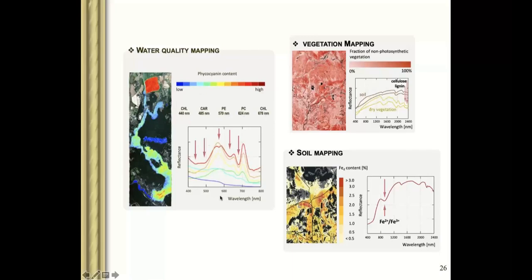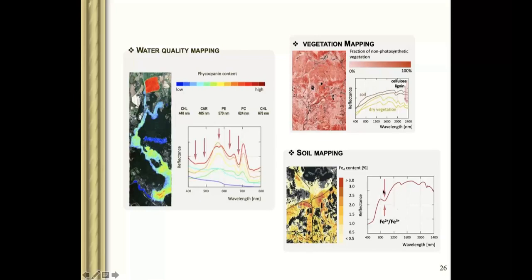If you see the reflectance curves of all these, you can see that there is a difference. Once you have these absorption bands and differences, and you classify, you can get your mapping. The red area is high in chlorophyll, and the blue areas are low. You can see all these colors and find the quantity of all these chemicals.